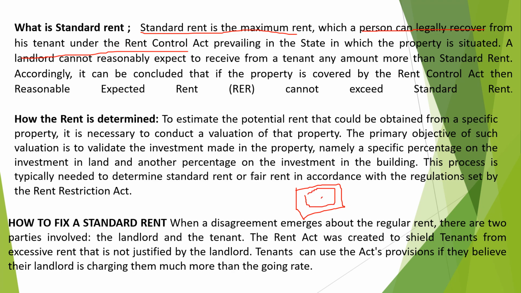So what investment theory says is that a person who is the owner of this building will expect a certain return from the land and a certain return from the building, and the total return will be the sum of these two.